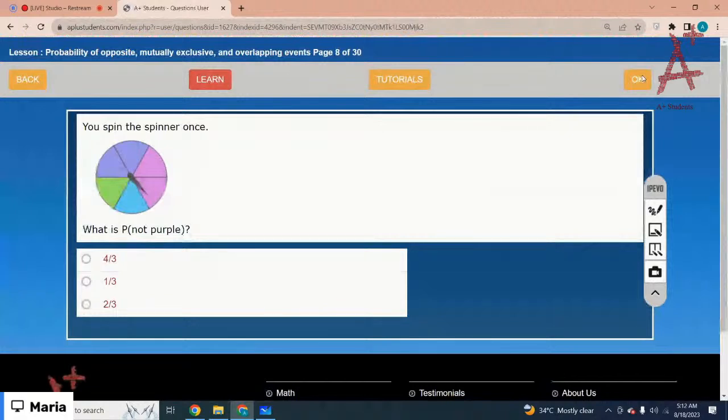It would be 4 over 6, right? And you can write in simplified form, that would be 2 over 3.